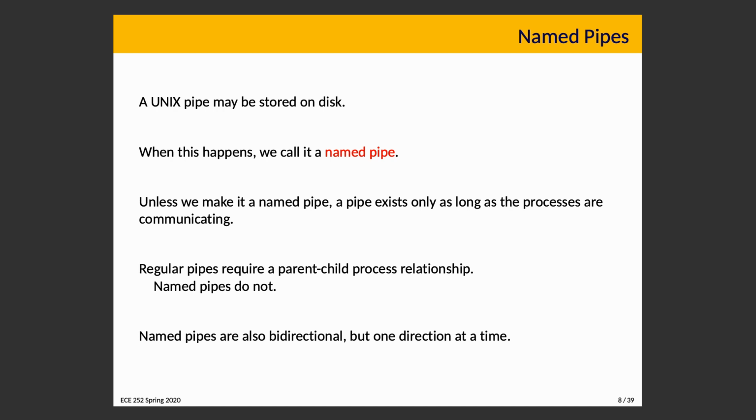Otherwise, they don't know about each other, the sender and receiver ends, and it will only work if you actually have this relationship. A named pipe does not, because you can, of course, refer to the pipe by its name, and should you do so, then it doesn't matter if the parent and child relationship exists, because processes that are unrelated can just access the pipe by referring to it by name.